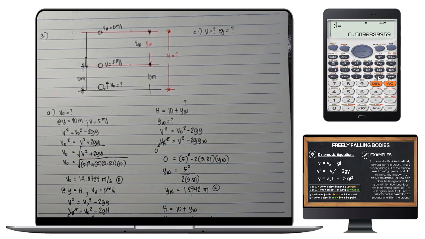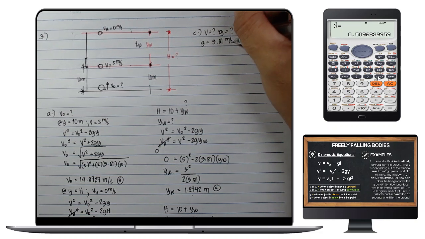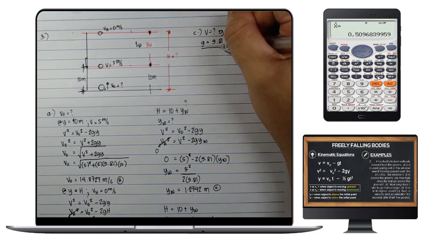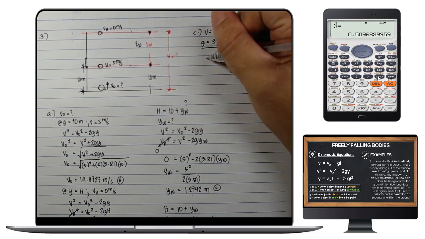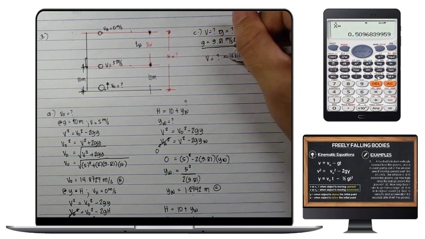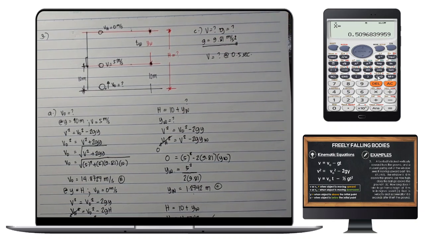So, that is 9.81. So, instead, velocity na lang yung isolve natin. So, surely, yung acceleration natin dyan, that will be 9.81 meter per second square. So, yung velocity naman natin, find the velocity after 0.5 seconds.